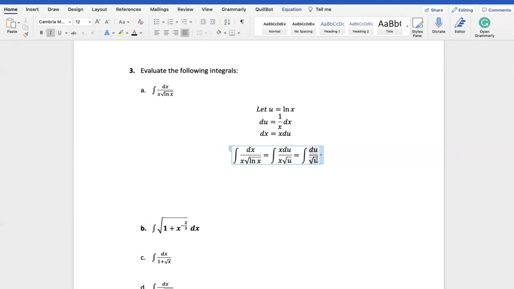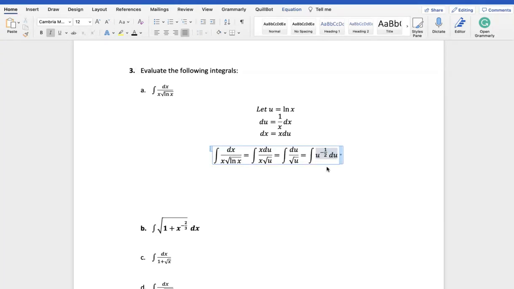Yes. Okay, so then you're left with the integral of du over root u, which can be rewritten as the integral of u to the negative 1 over 2 du.